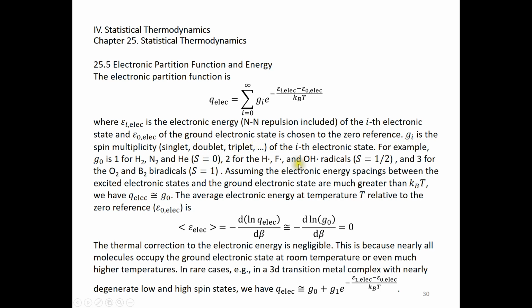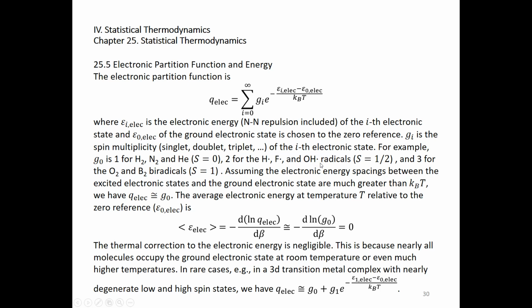Here's an example. g_0 is 1 for H2, N2, and helium, because for these three chemicals S is 0, so 2S plus 1 is 1. They are singlets. Now for the H radical, fluorine radical, and OH radical, we have one unpaired electron.